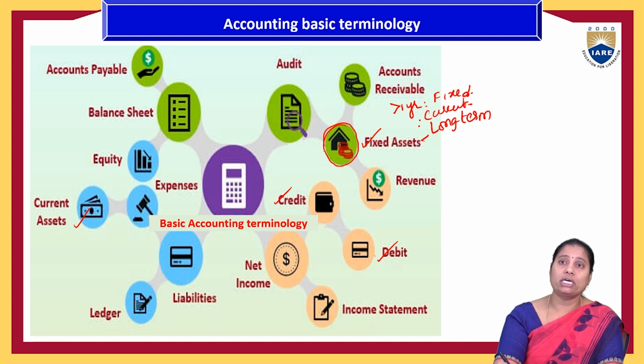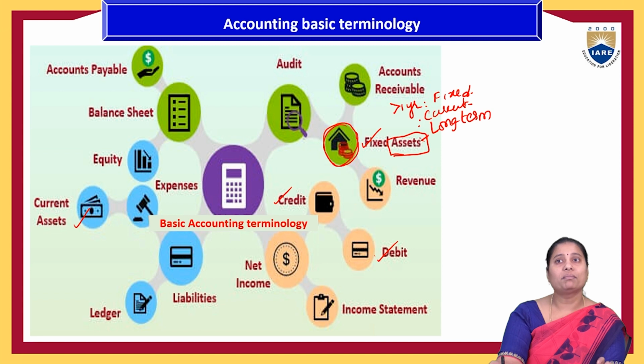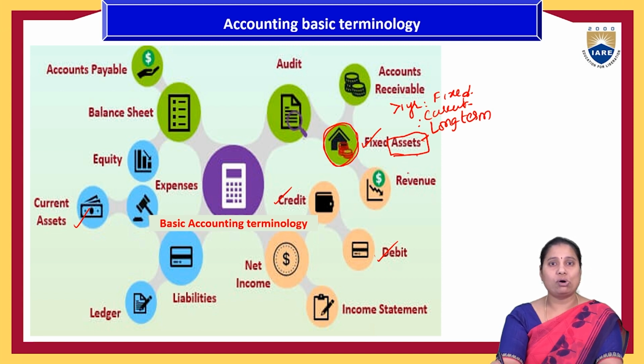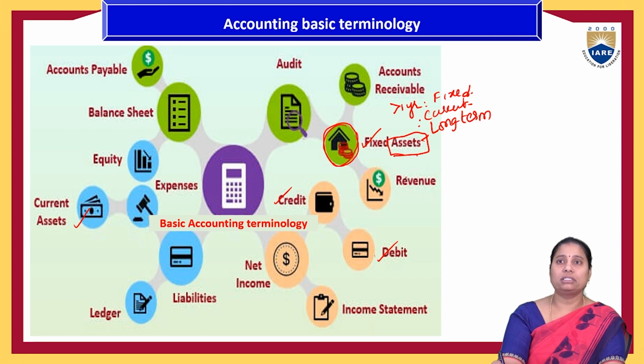First of all, the meaning of assets is anything which is going to create benefits to the organization. If that benefit is going to be enjoyed by the organization for more than 1 year, then those assets will be called fixed assets.